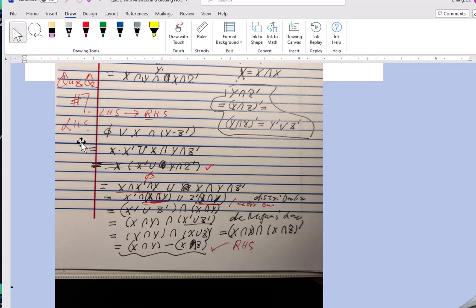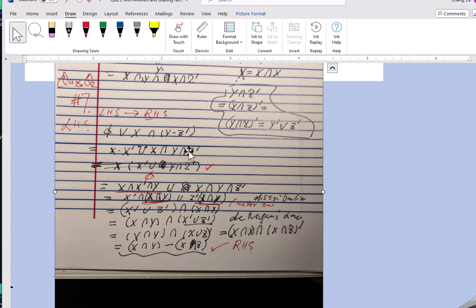Sorry about the sketches, but you really have to see the points. So we go from left hand side to right hand side, using just the symbols and logic or set rules. We have x and not z, then x intersection with y and not z.